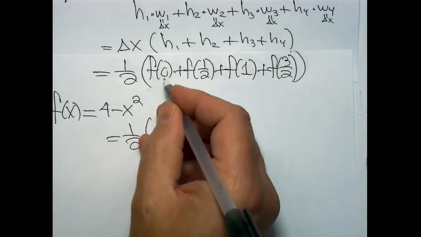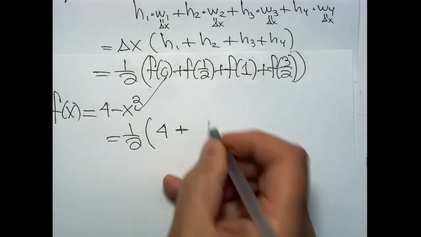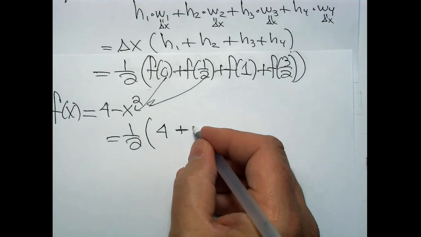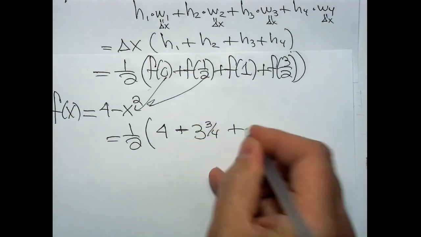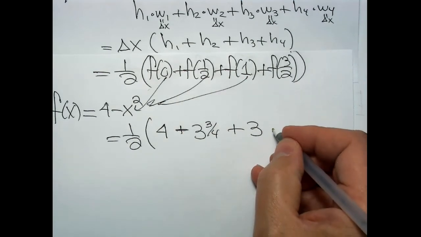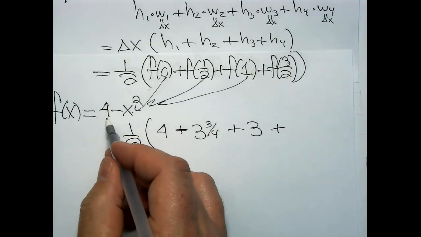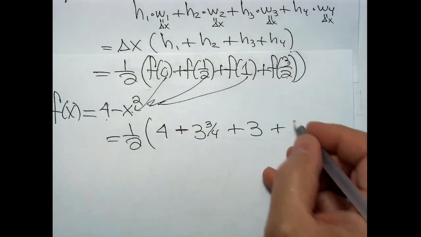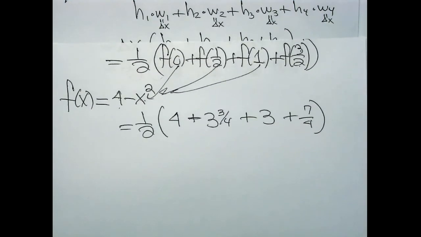Put the 0 in. That's just 4. Now let's put the 1/2 in. That's 3 3/4. I think we've seen that one before. Put this one in. We get 3. We've seen that one before. And then finally the last one would be 9/4 right here. This is 16/4. 16 minus 9 is 7/4. So let's see what our overestimate will be.